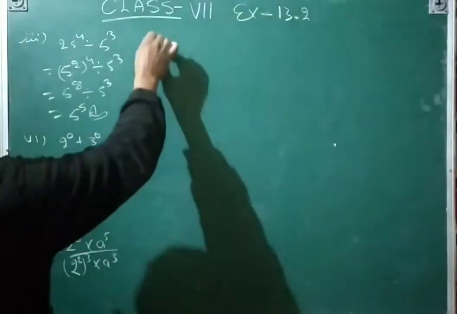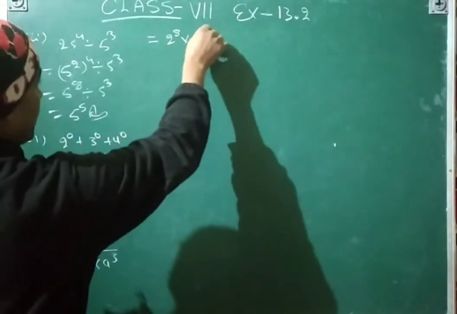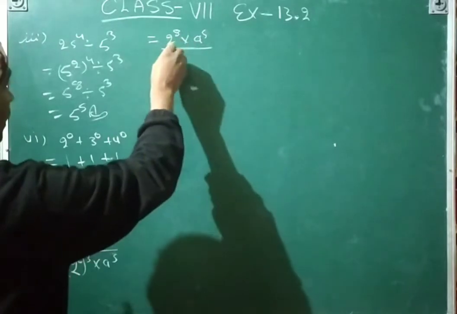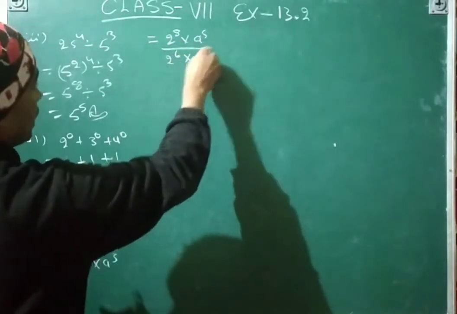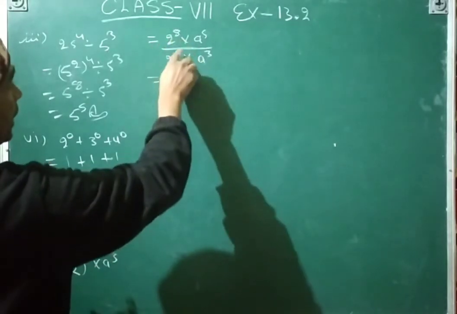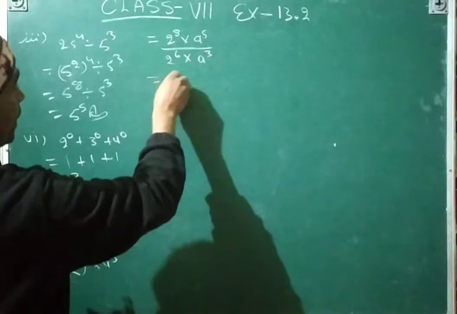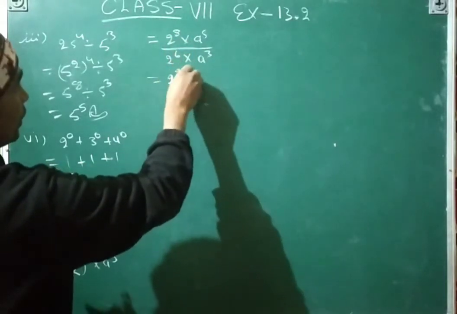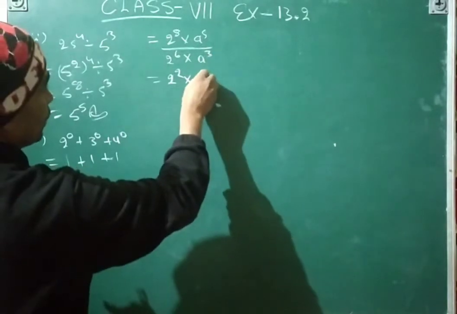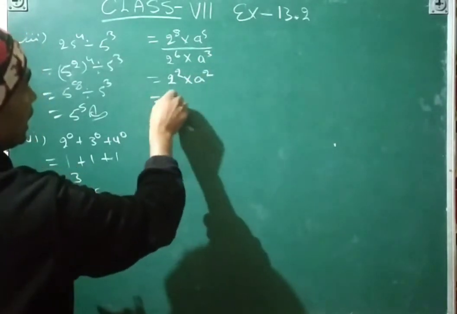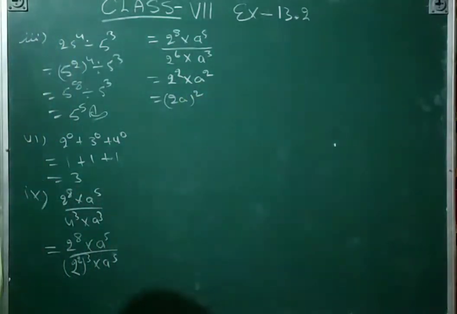Then 2 power 8 multiply a power 5 upon 2 power 6 multiply a power 3. 2 power 8 and 2 power 6, this is given in divide, so that will be 2 power 8 less 6, 2. And similarly this one also, 5 less 3, 2. So a power 2, or you can write 2a, like this in common form.